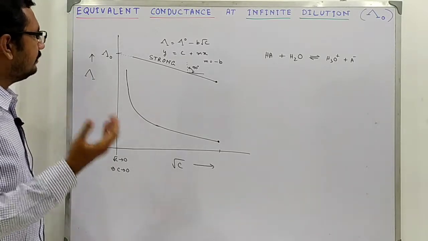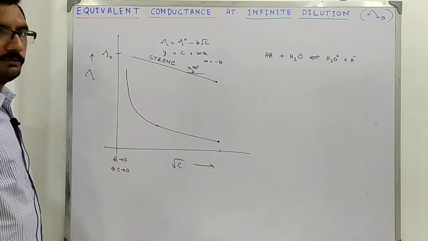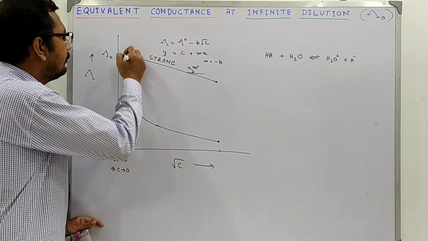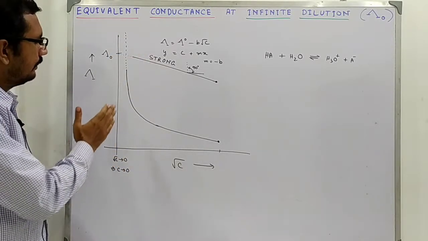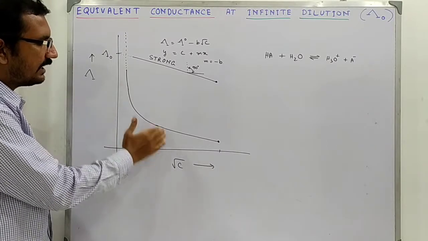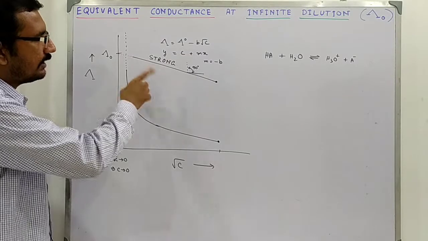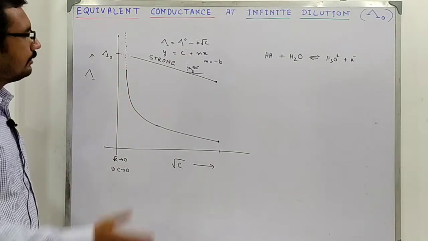Now, what will be the value of the equivalent conductance at infinite dilution for this problem? If you extrapolate it, it will reach infinity. But do you think the equivalent conductance for a weak electrolyte at infinite dilution can exceed that of a strong electrolyte? No, it cannot.